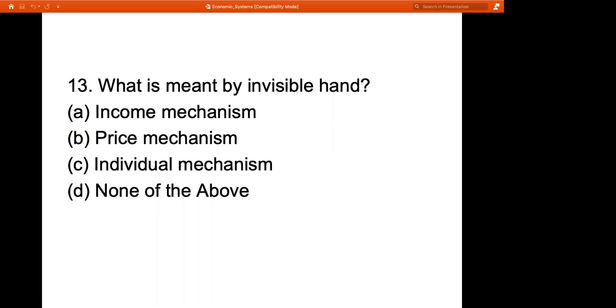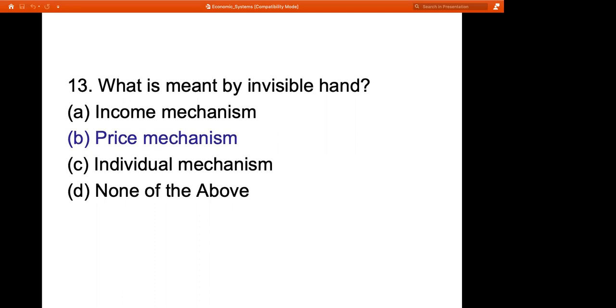What is meant by invisible hand? So invisible hand is given by Adam Smith. Again, this is one of the things to be taken up in the growth and development part. The invisible hand says the option for this is the price mechanism.